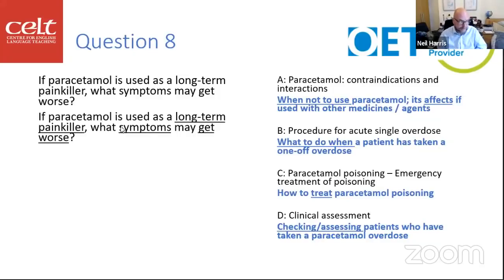Long-term painkiller, symptoms may get worse. And I think about, well, which symptoms may get worse, and I make a prediction which passage I think it might be in. I think it's a symptom, I think it's a noun, and I then look for the answer and I find headache.